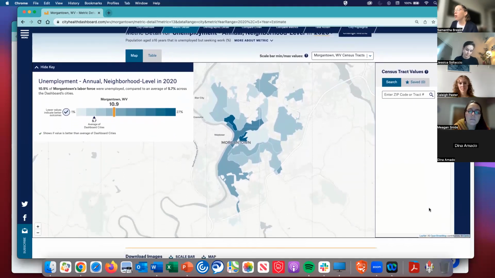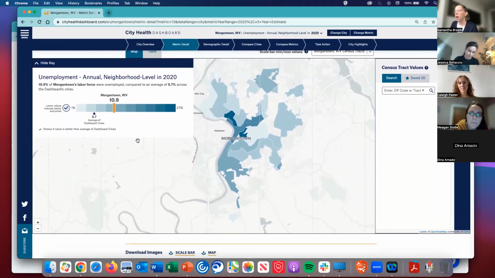And so here you can see the scale bar of the metric that we're looking at. So in this case, we're looking at unemployment, and there's a lot of information here, but this scale bar represents the range of values for a particular metric, where lighter colors indicate, and this happens across our metrics, lighter colors indicate better outcomes and darker colors indicate poorer outcomes.